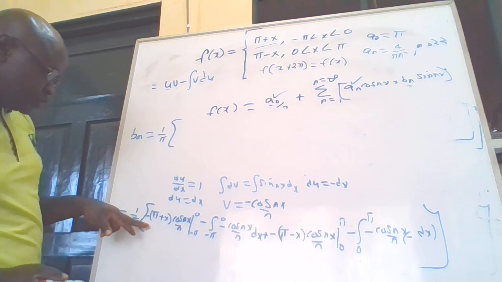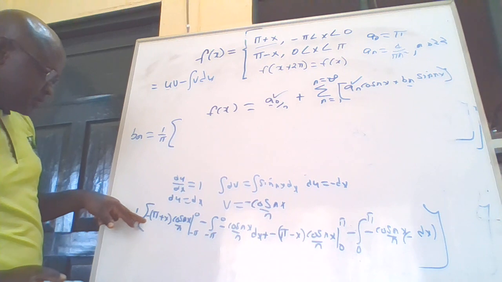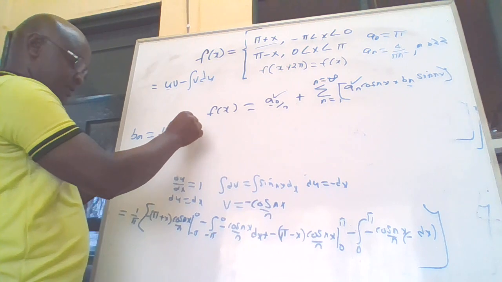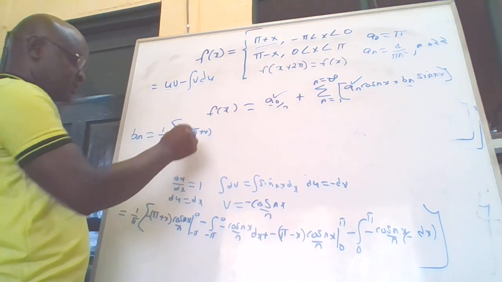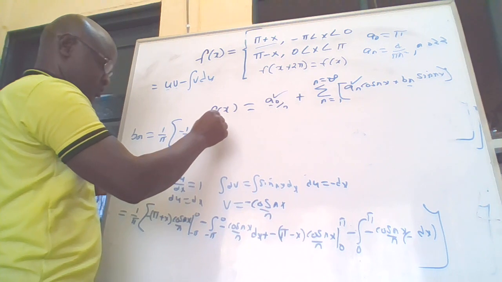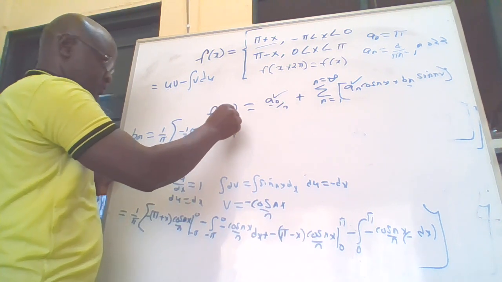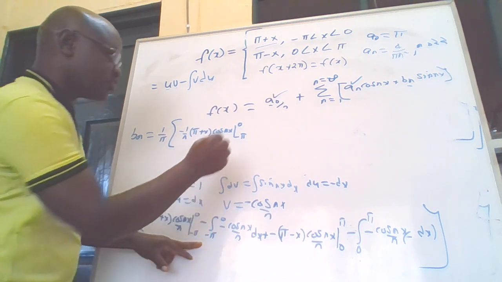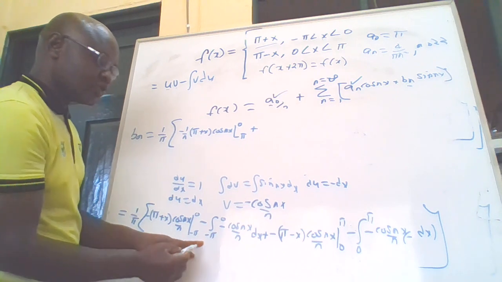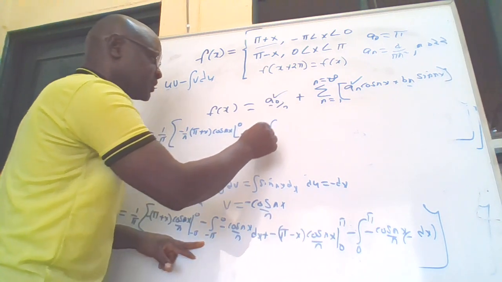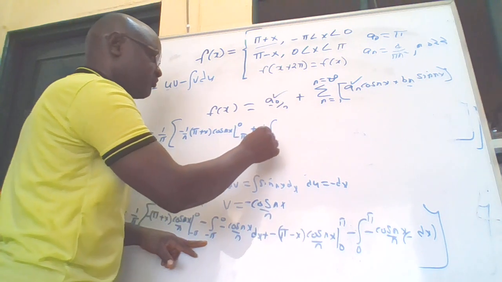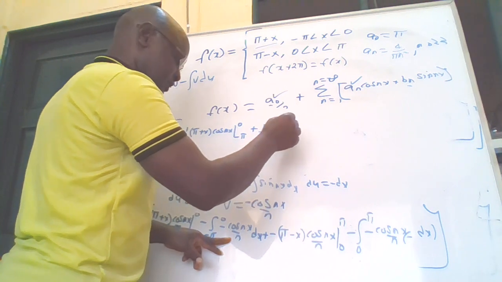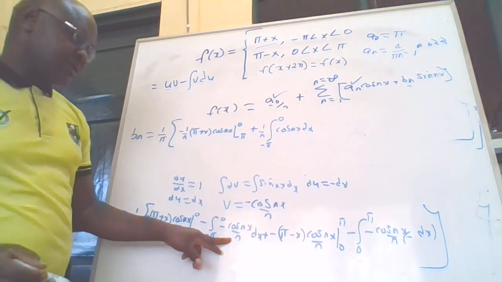So this equals, I want to take 1 over n out, so that I have minus 1 over n, pi plus x, then cos nx, then this negative and this will be positive, plus, then you take out 1 over n, the integral from negative pi to 0, so inside here will remain the cos nx dx.